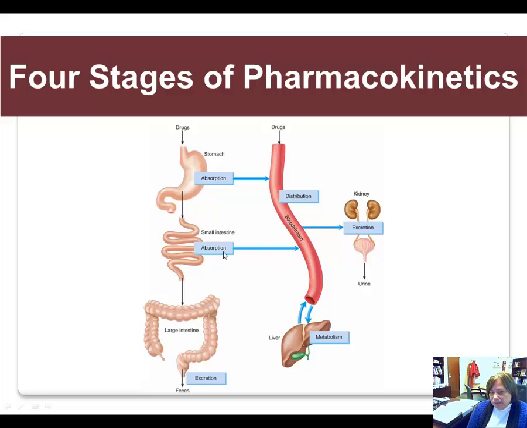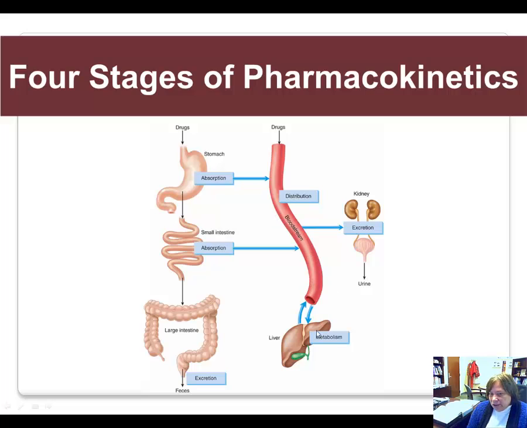Absorption is when the drug moves into the bloodstream. If you're given an intravenous medication, it bypasses the GI tract and it's administered directly into the bloodstream and ready for distribution. Distribution will take it to the organs, the body cells, where it's needed.